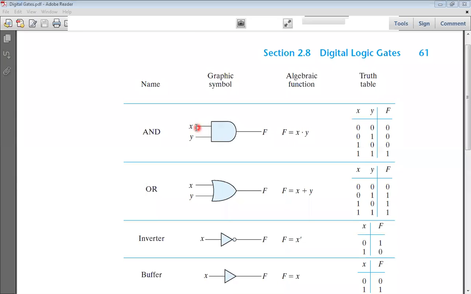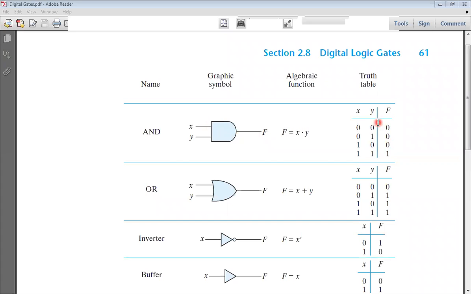This is one input called X, this is another input called Y, and this is the output F. That output is equal to X dot Y. The dot is the AND operation. So X and Y are ANDed, and the output is the result of the AND operation of X and Y.